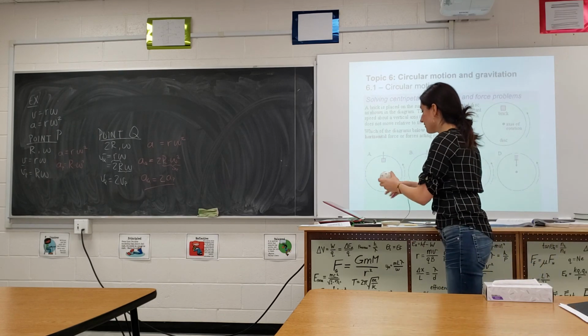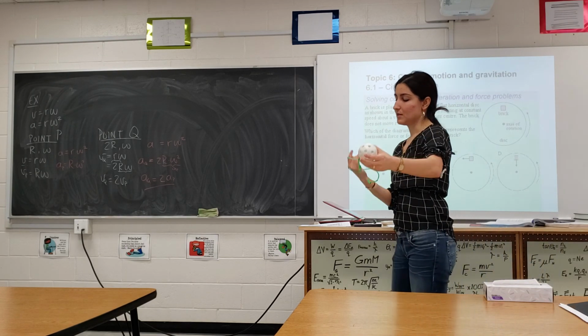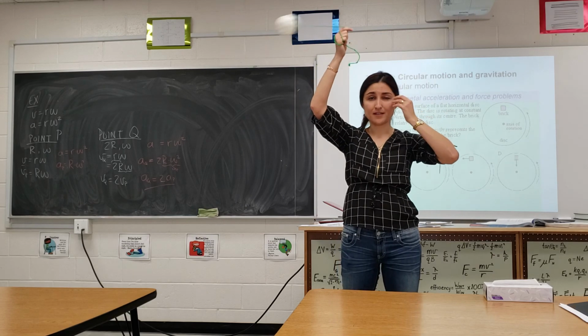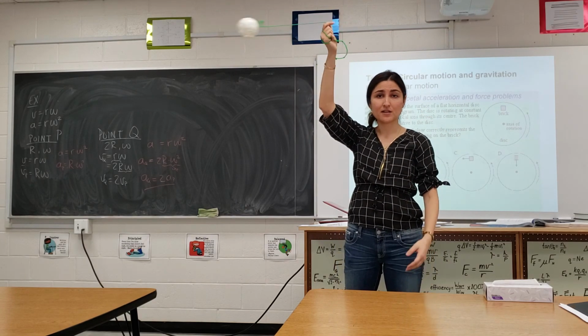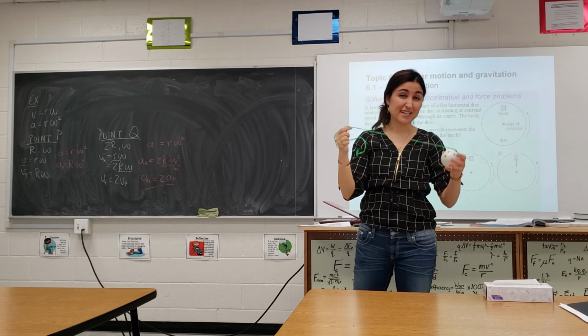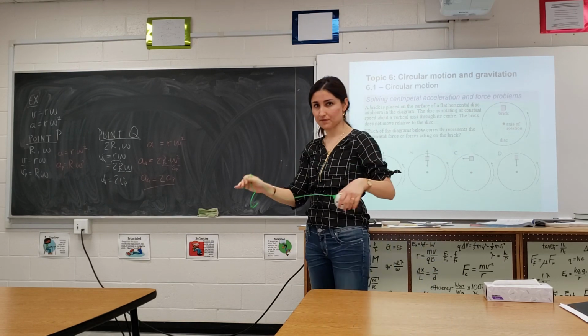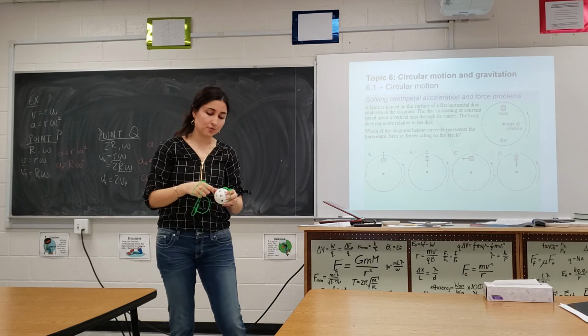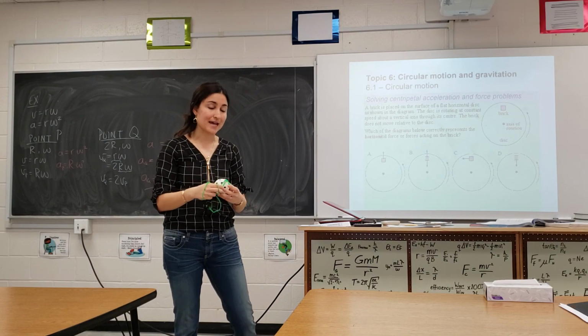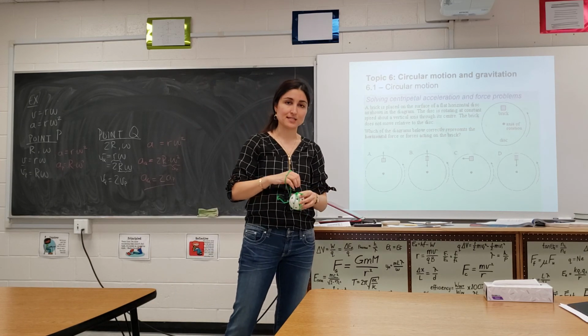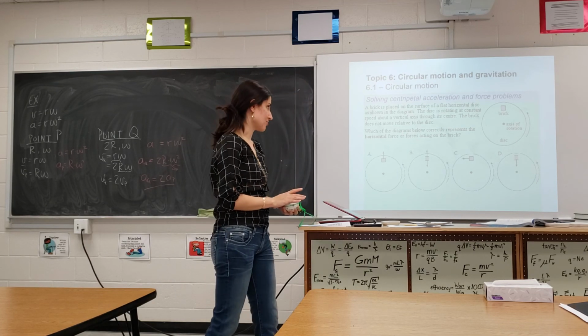If you have a ball attached to a string and you whirl it in a circle, the force that is allowing it to turn in the circle is tension, and that tension is pointing towards the center of the circle. Centripetal force, the force responsible for objects moving in a circular path, always points towards the center of the circle, as does the acceleration.